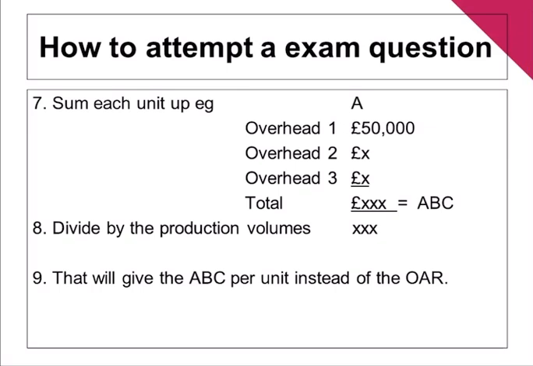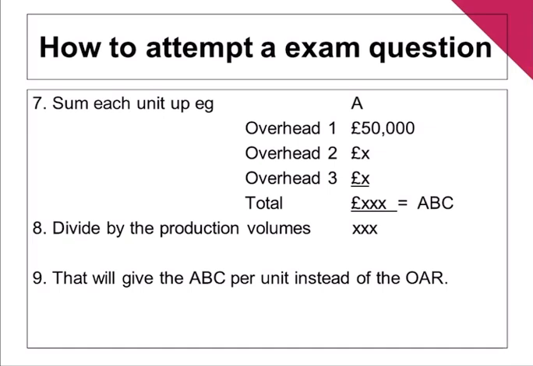I'm keeping it very simple, and what happens is we end up getting a unit cost for A, B and C. So I've just taken A. We've only got the numbers for overhead 1, which is purchasing, and so of the 100 grand, 50 of that goes to A. Then you would do the same for 2 and 3.